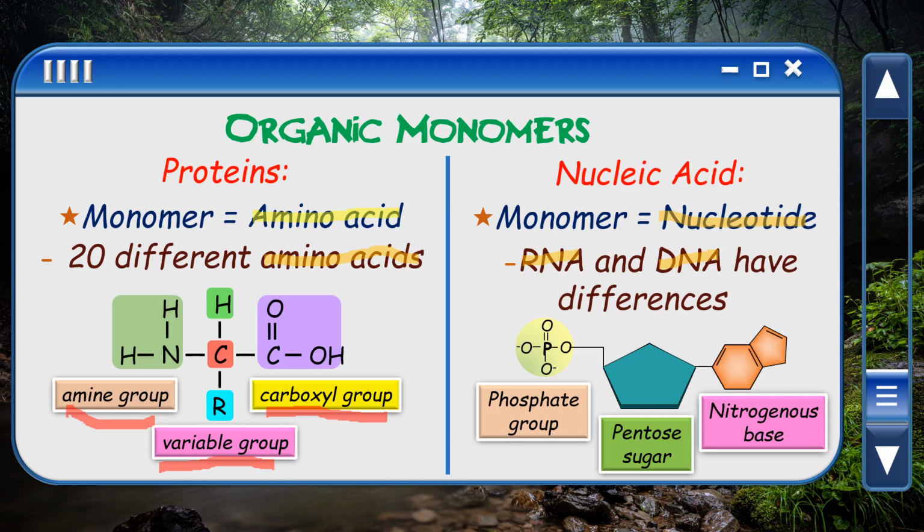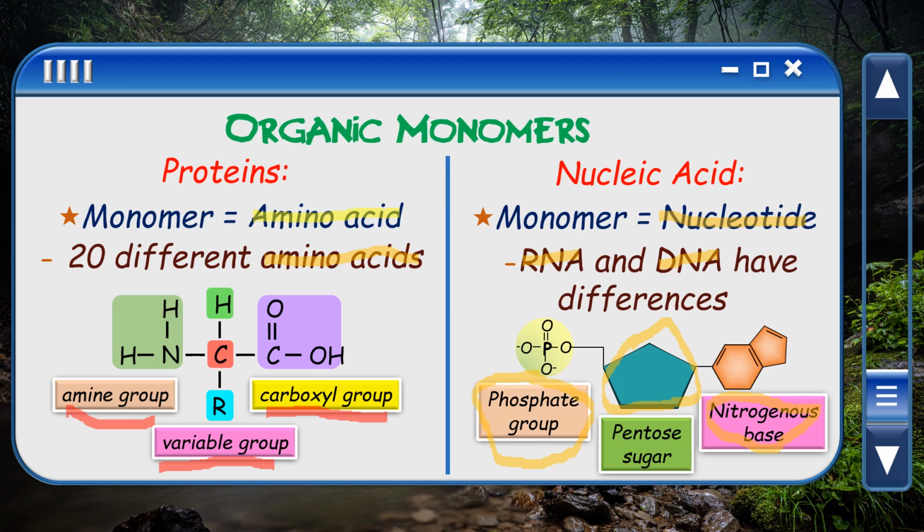RNA is made up of a monomer, which is the ribose sugar, which is a pentose sugar, and this pentose sugar is covalently bonded to nitrogenous bases, joined with the phosphate group, and that forms our nucleotide.